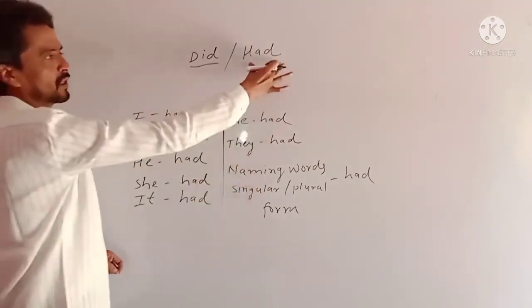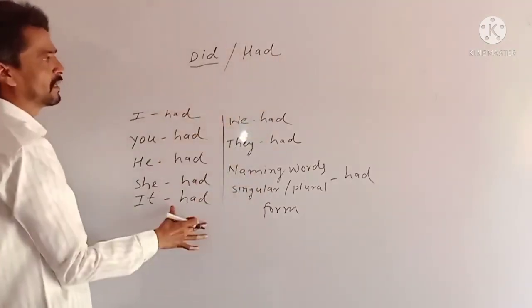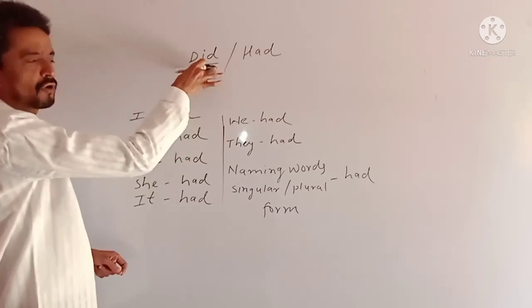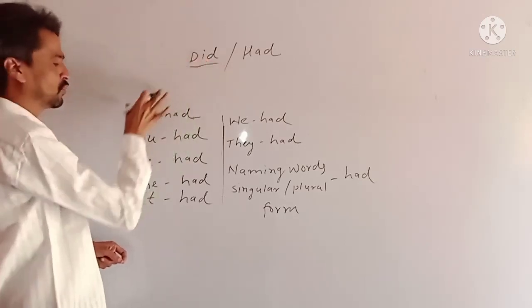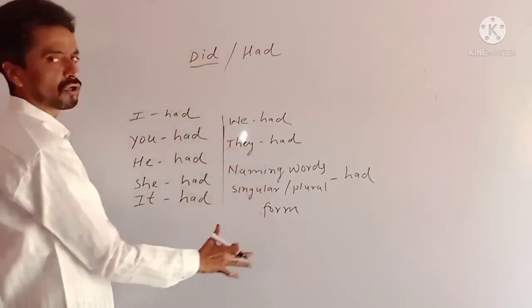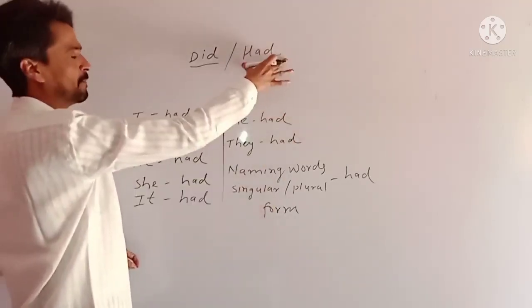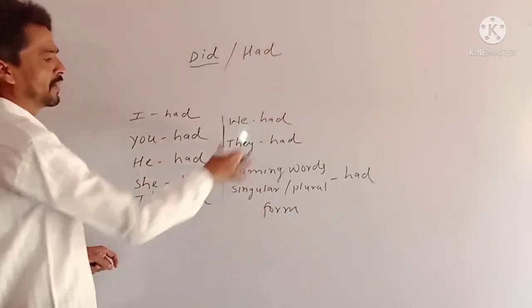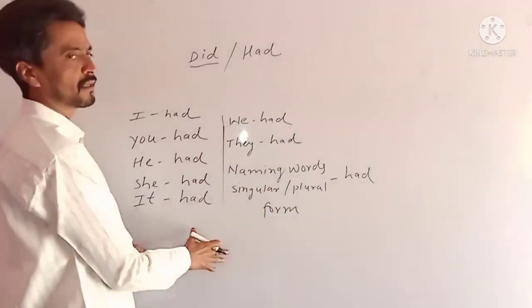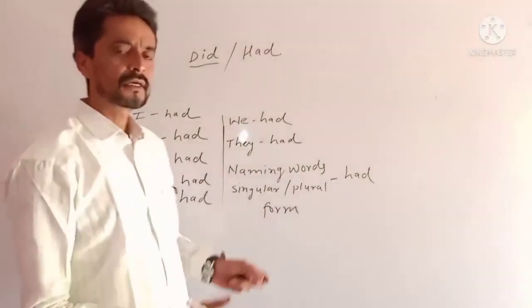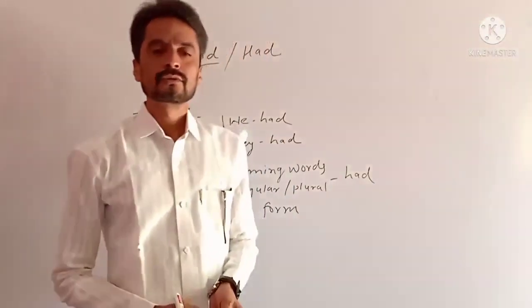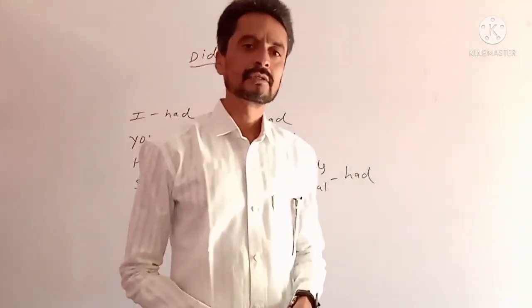There is no other option for had and there is no other option for did. Uses of did with all pronouns and with all naming words. Uses of had with all pronouns and with all naming words. Is it clear?